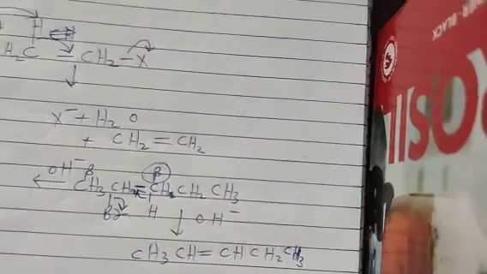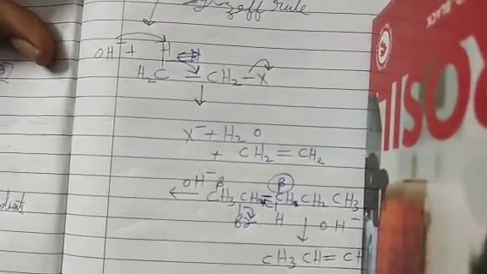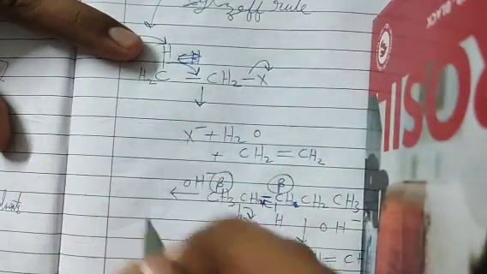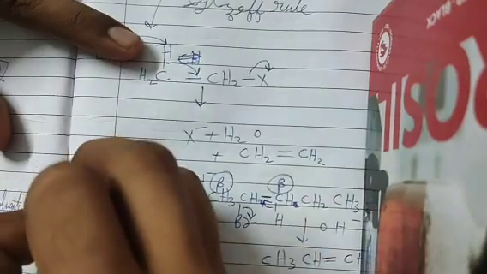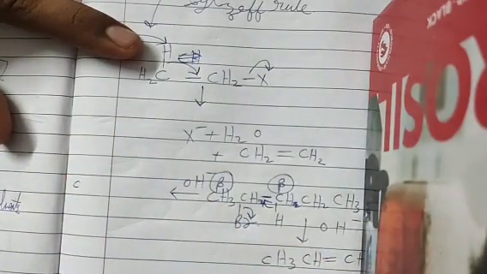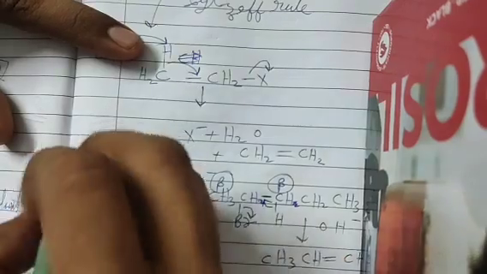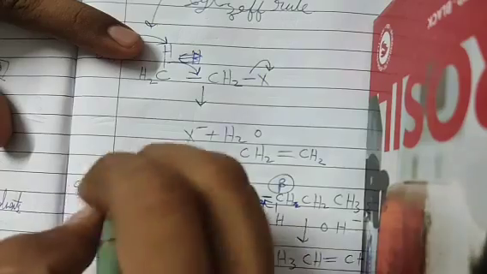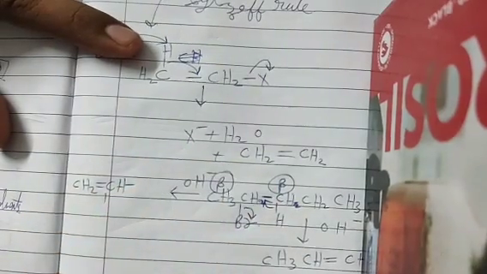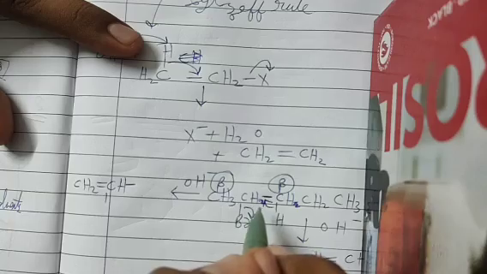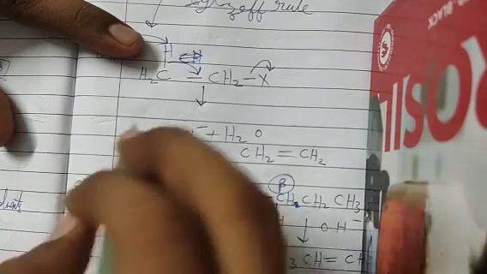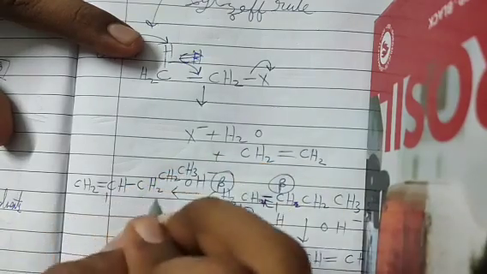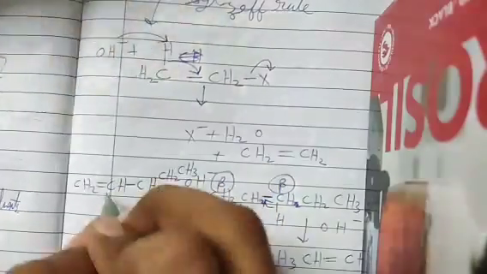Now suppose the other way around it would have happened, meaning this beta hydrogen would have been removed, then in that case the product would have been CH2 double bond CH, and then again CH2, CH2 and CH3. So in that case the product would have been like this.